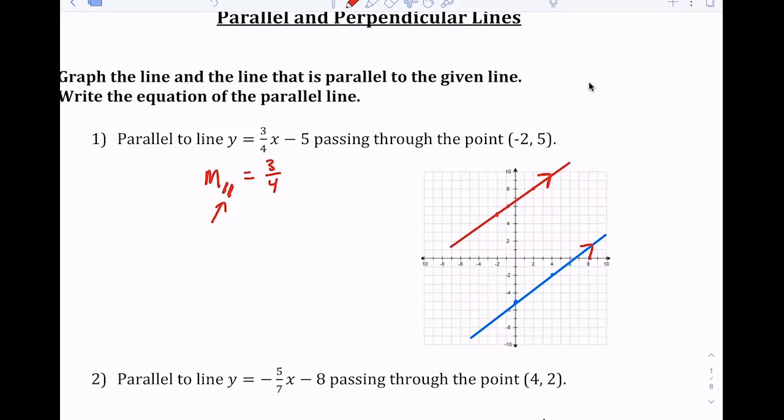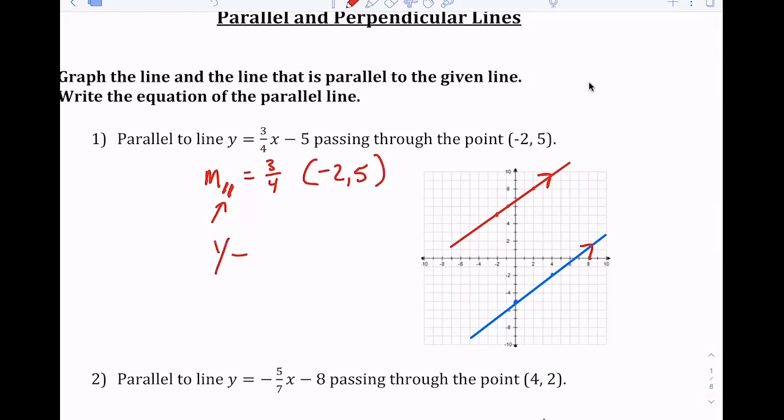Now what point did it pass through? That -2, 5. Now someone who was here yesterday can tell me what the equation of the parallel line is. William, you think you got this? Yes. The formula will be y minus y1.